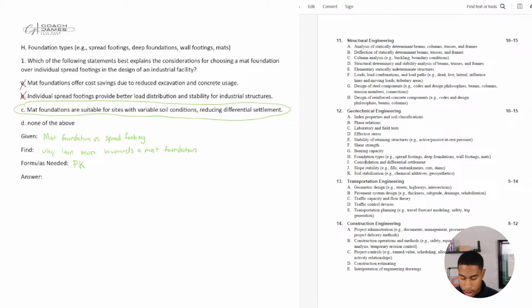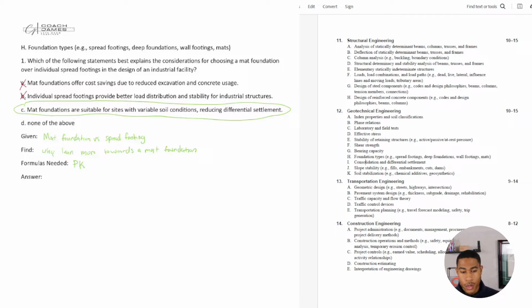I also want to go through some of the disadvantages of mat foundations because I went over the positives. So, limitations of mat foundations. Mat foundations could have some limitations in terms of their load bearing capacity.